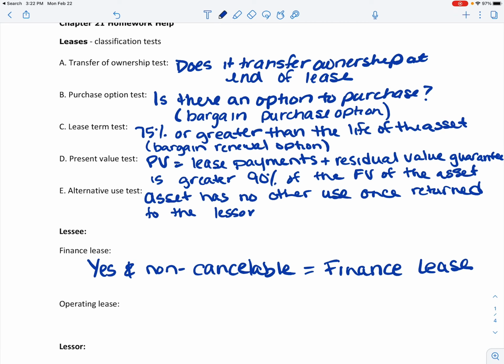The opposite side, if you answer no to any of those, or it's cancelable, I should say cancelable, not non, then it's going to be an operating lease.